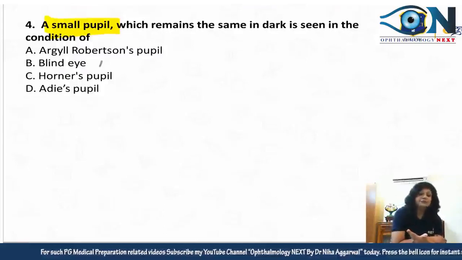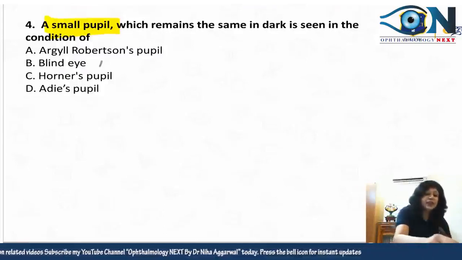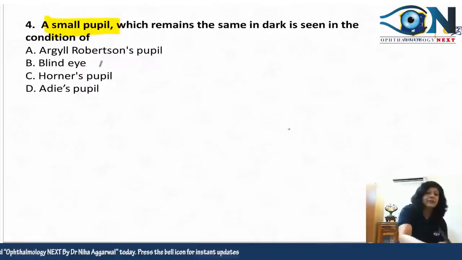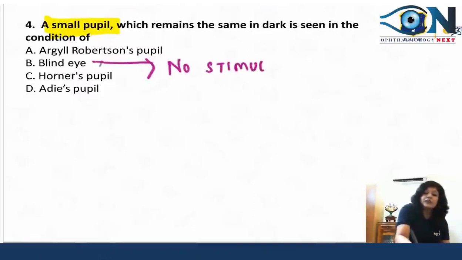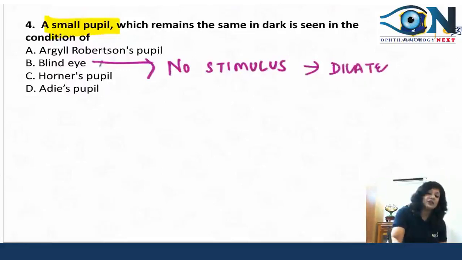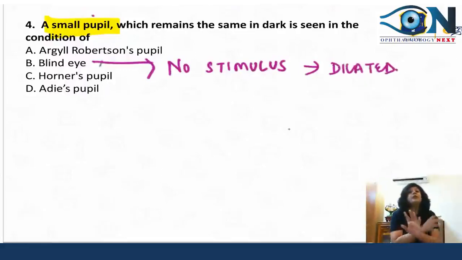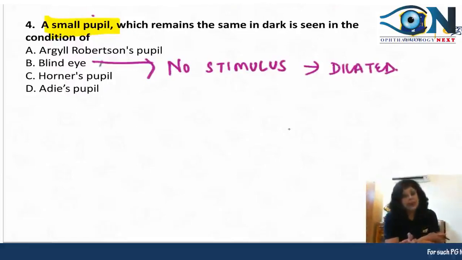So here, a blind eye means that there will be no stimulus. Because there is no stimulus, this eye will be dilated and not small. This will be a big eye.